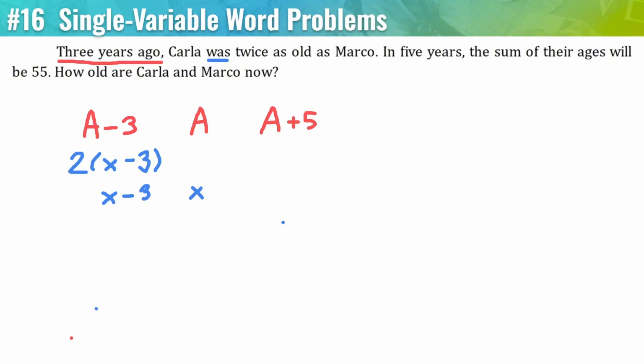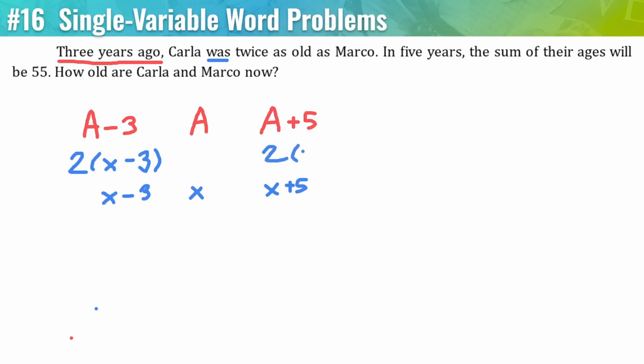In 5 years, the sum of their ages will be 55. So what you need to know is, in 5 years, Marco will be x plus 5. And for Carla, we don't know what her age is, but we do know that 3 years will pass going to the present, and another 5 years will pass going to the future.